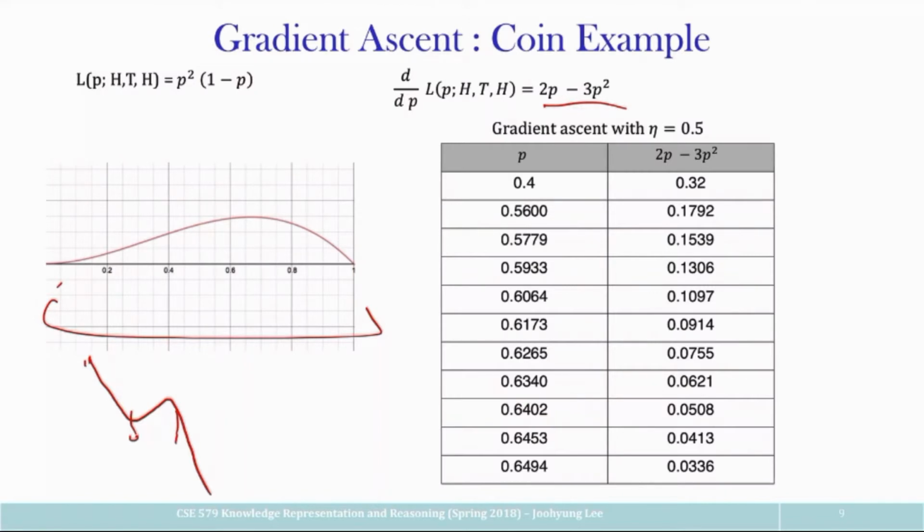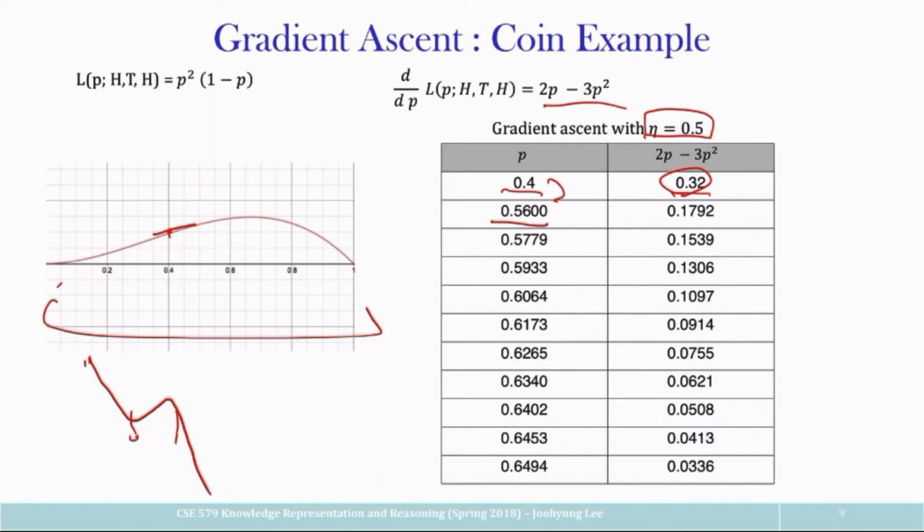So the initial value is 0.4, and the gradient is 0.32, which is still positive. So you have to move. Now, the learning rate is 0.5, which means that you multiply this number by 0.5, which gives 0.16, and add it to the previous value of p. So that I get 0.56.